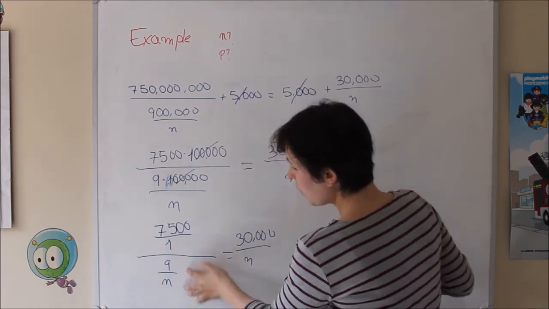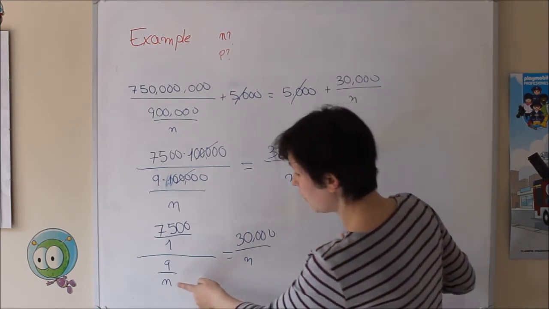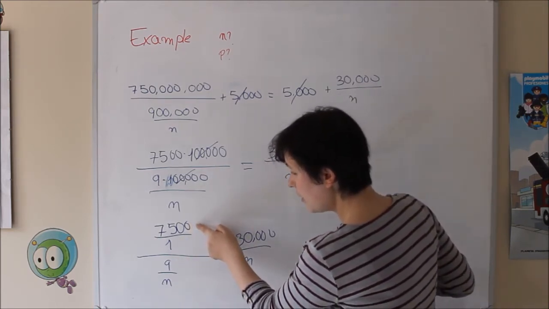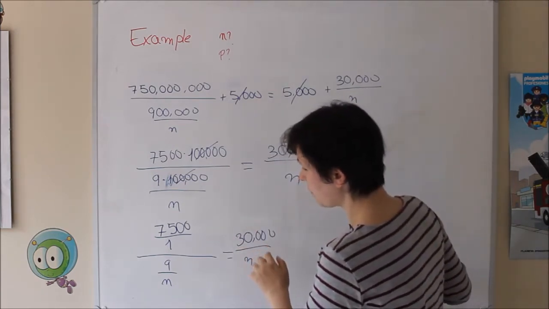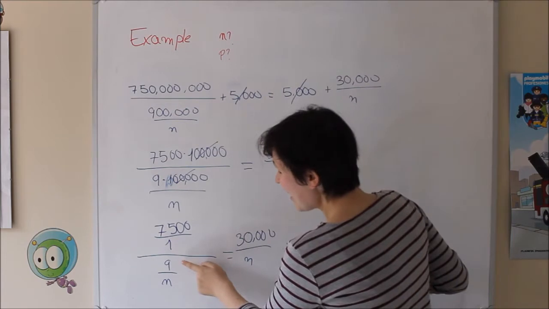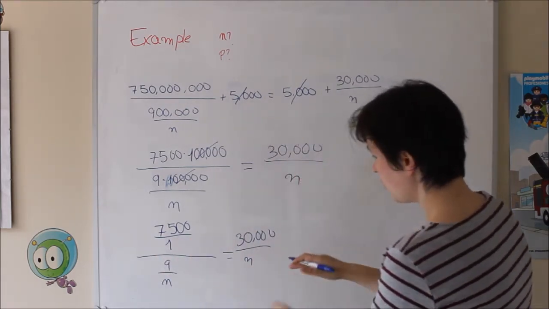So how do we do this? In these cases, it has to be multiplied. So this times this goes in the upper part, over this multiplied by this. Okay, so I'm going to continue here.